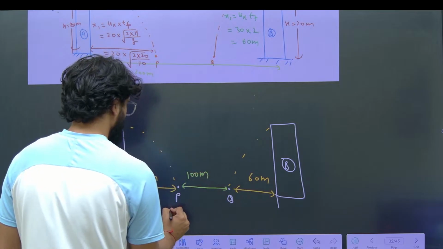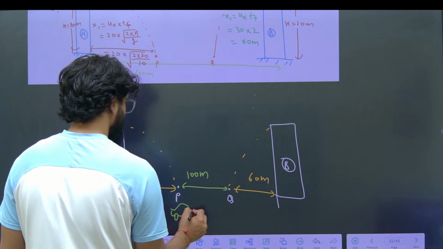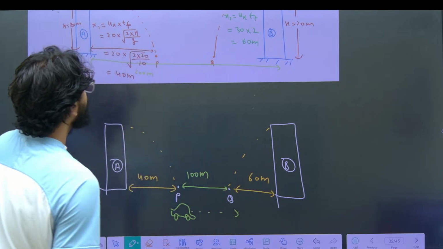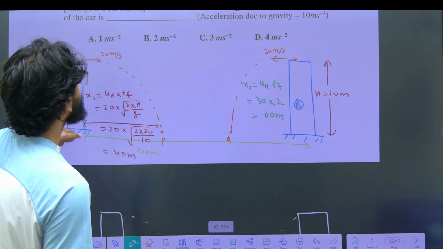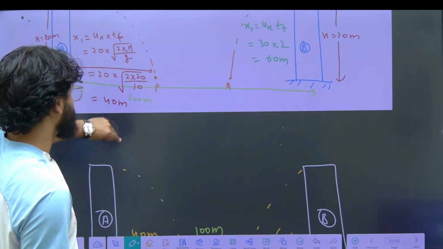Now there is this car which is going from P to Q in 10 seconds. The acceleration of the car is?